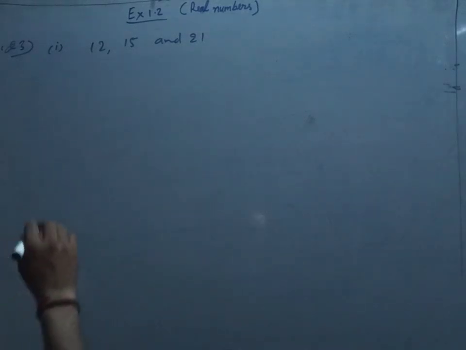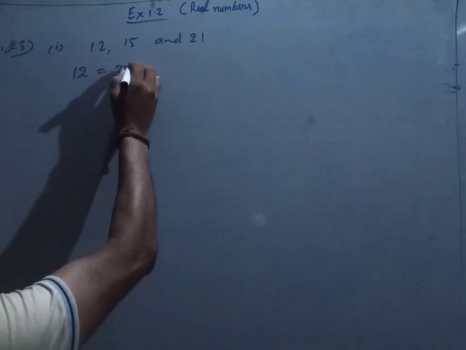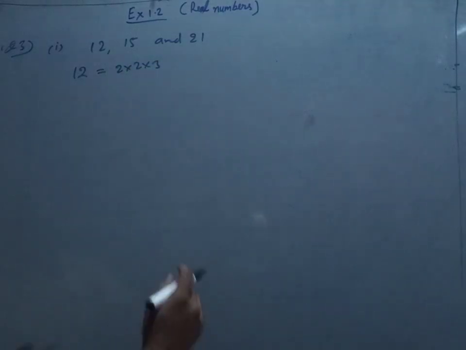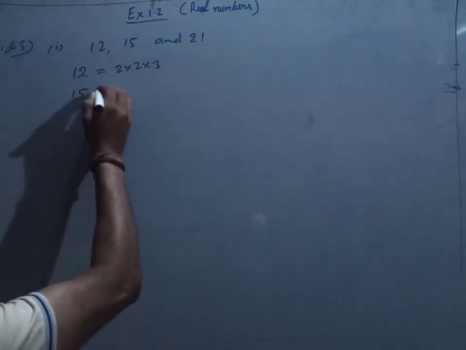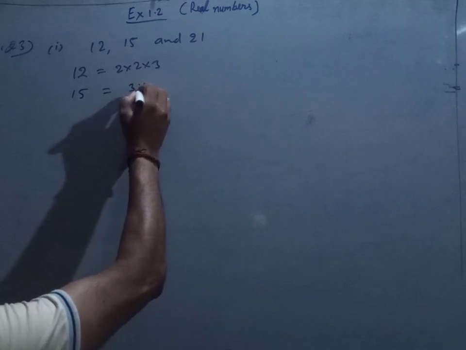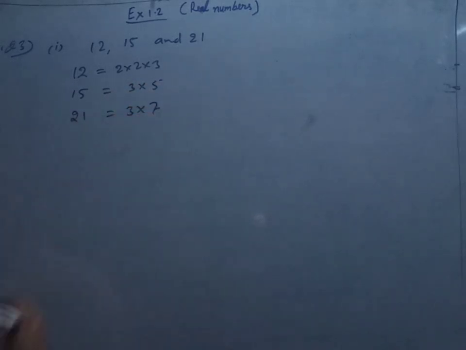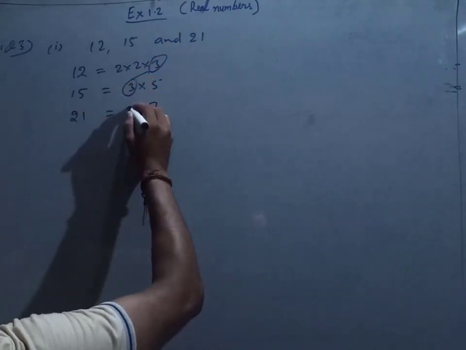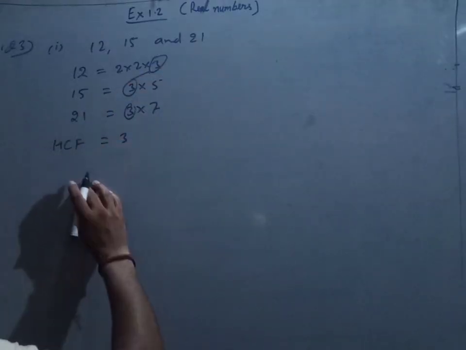So first we express these numbers as the product of prime numbers, the prime factorization. 12 is 2 multiplied by 2 multiplied by 3. 15 is 3 multiplied by 5, 21 is 3 multiplied by 7. We have the common factor 3. So HCF is 3.